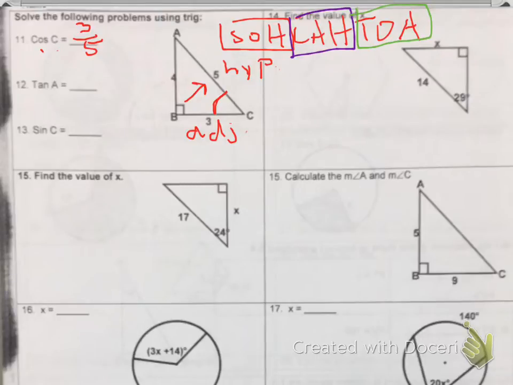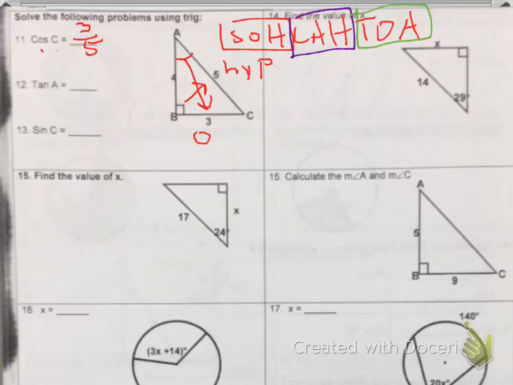Now for tangent, I'm going to erase that part. I'm going to go to tangent of A, that's my next reference angle, and I don't need the adjacent now, so this changes every time you change your reference angle. For A, I'm looking at tangent, so I go over to SOHCAHTOA. Tangent is opposite over adjacent.